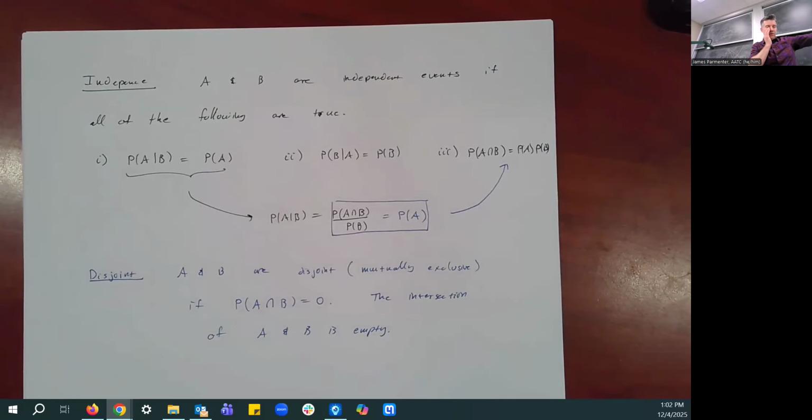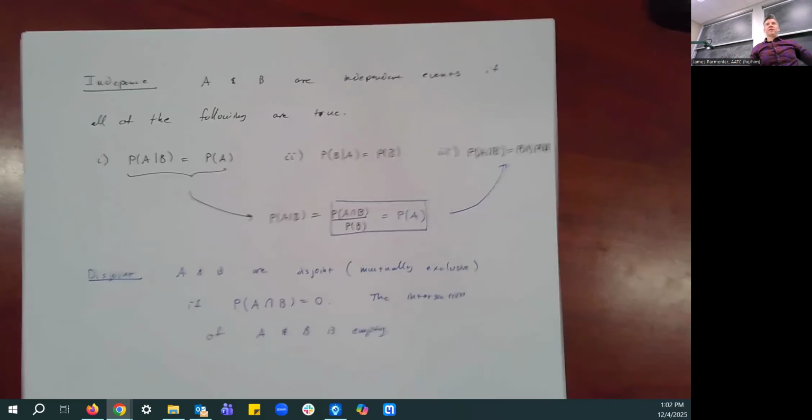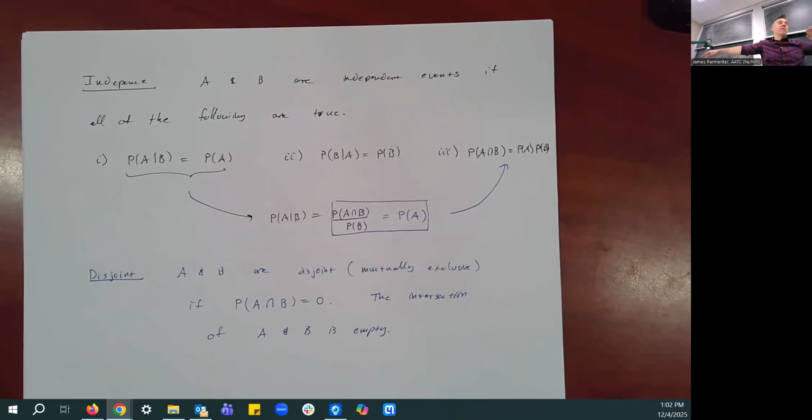Unless, of course, the probability of the other one was zero. But we're not looking at that case. In fact, there's a homework problem about that that specifically specifies that the probabilities are positive, meaning they are not zero. So try to keep them separate from each other. Try to keep them disjoint from each other.